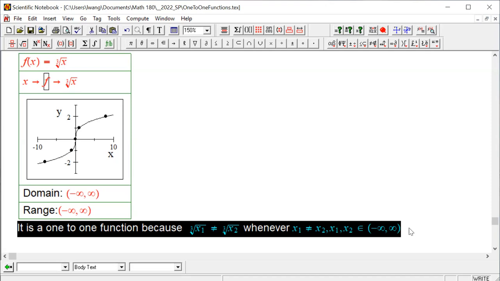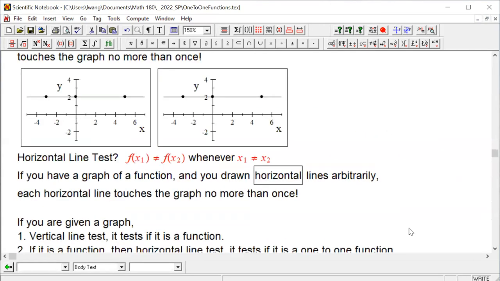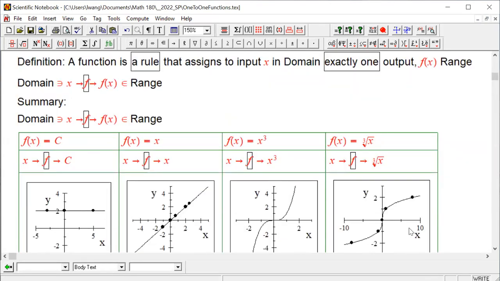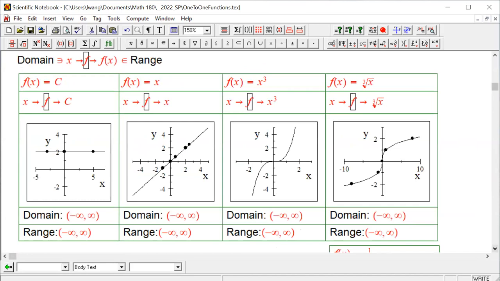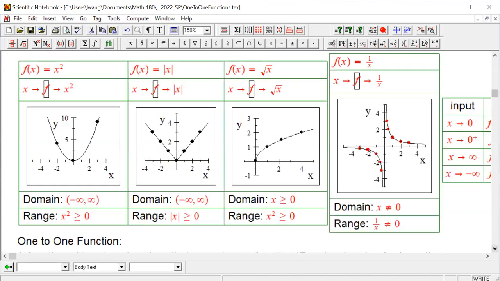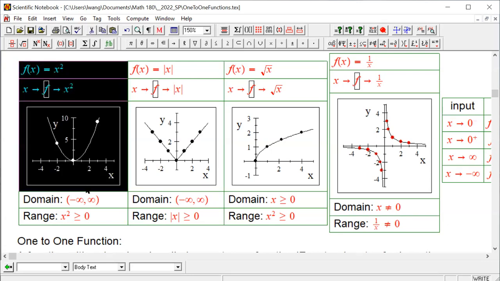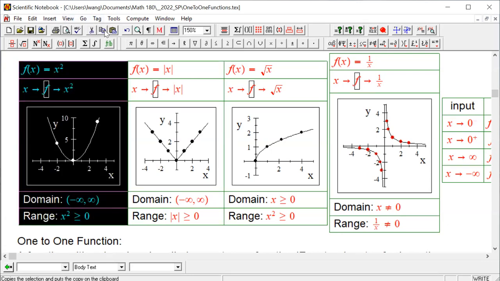Now, we're done with the 4 functions. We have 4 more to go. Okay, so this guy, is this a one-to-one function?